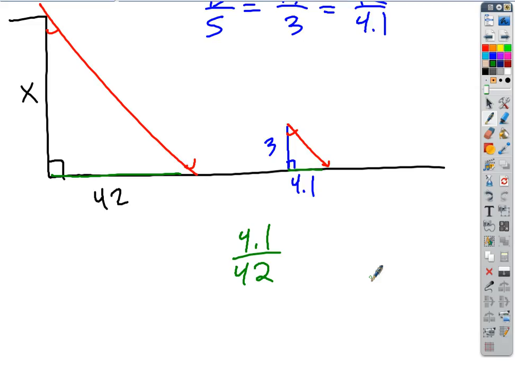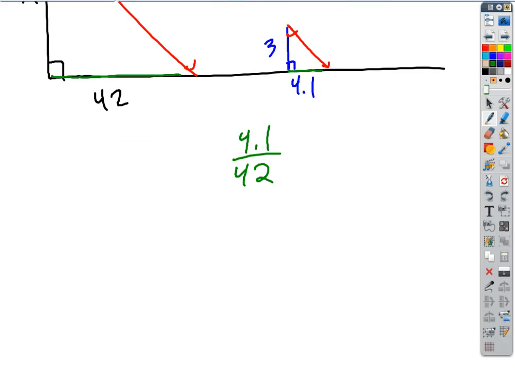Okay, but if this were a question in Moodle, and it said, what is the scale factor? And it has a box, right? Remember those? Okay, now if I put in 4.1 and 42, am I going to get it right? How come? What's not quite right about that? What doesn't look good about that fraction? Decimal. We don't want to have a decimal in the fraction, right? The fraction needs to have integers.